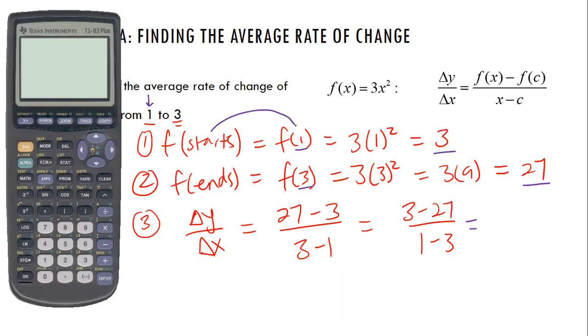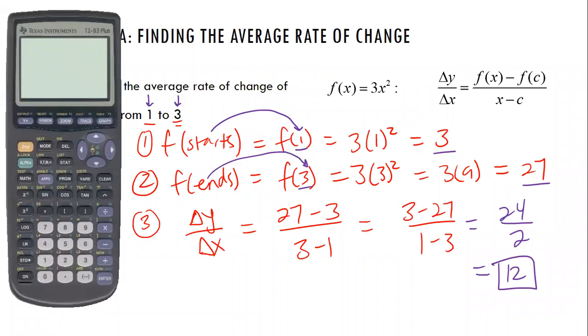So it starts at 1. Where does it end? It ends at 3. Okay, 27 minus 3 is what? 24. 3 minus 1. And so therefore, what is our rate of change? 12. Wow.